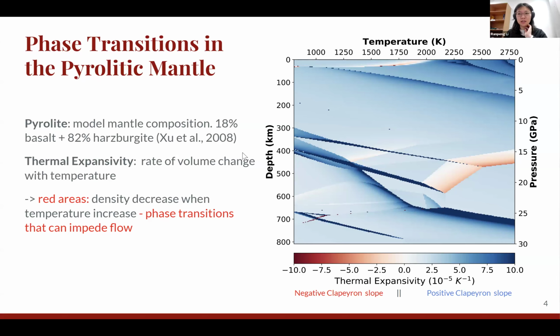But if we can maybe have different compositions, so maybe we can make some part pure harzburgite and some part pure basalt instead of mixing like this, we may see some differences.